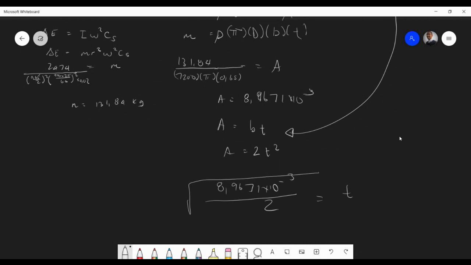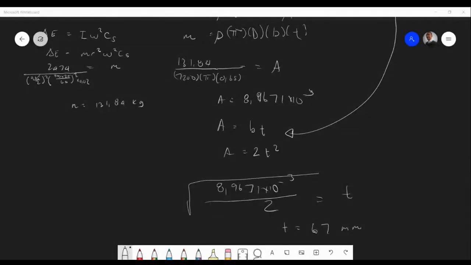So Matoso, are you following? And I think the thickness of my rim should be 67 millimeters. You guys get that? And obviously my breadth will be 2 times that, around 134.